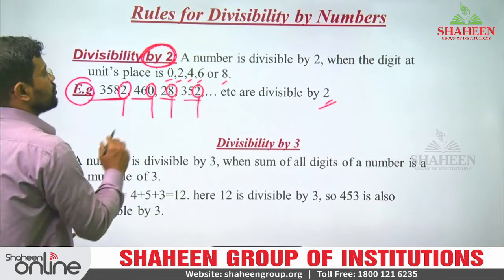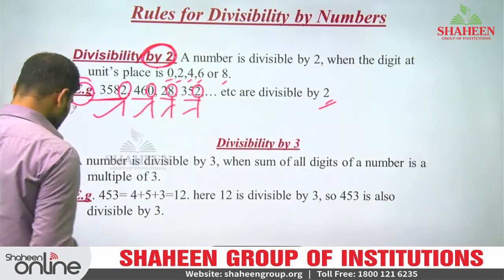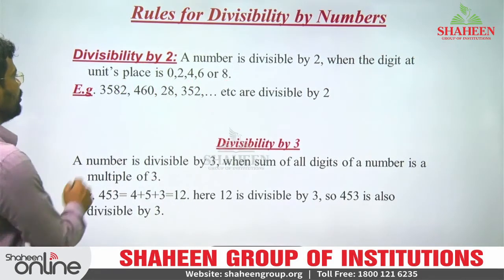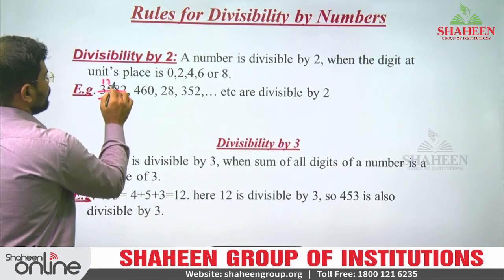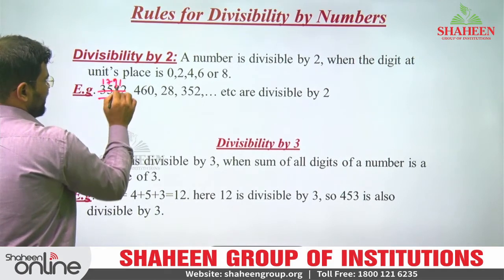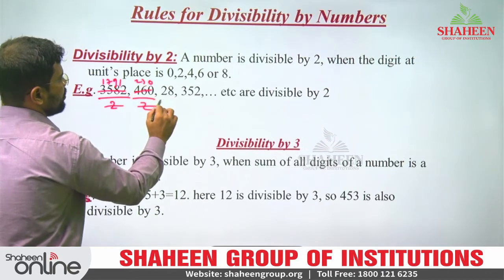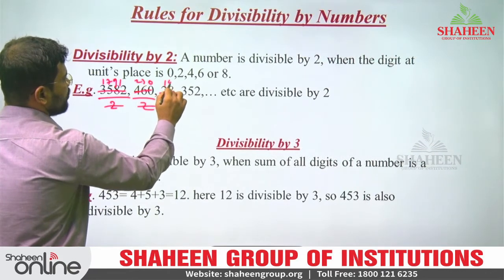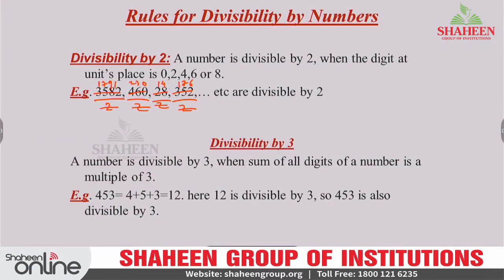Hence that number is directly divisible by 2. You can check it here: 2 1s are 2, 2 7s are 14, 2 9s are 18, again 2 1s are 2, 2 2s are 4, 2 3s are 6, and so on.